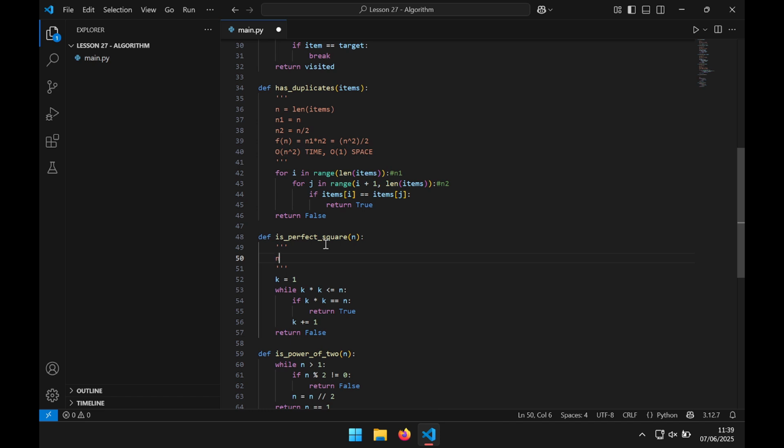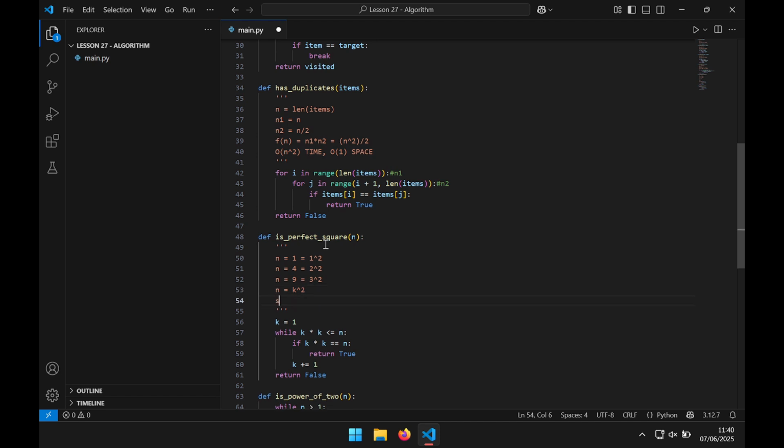Well, if n equal 1, which is equal to 1 squared, then n equal 4, which is 2 squared. Then n is equal to 9, which is 3 squared. And so on. As you can see, the pattern is n equal k squared.